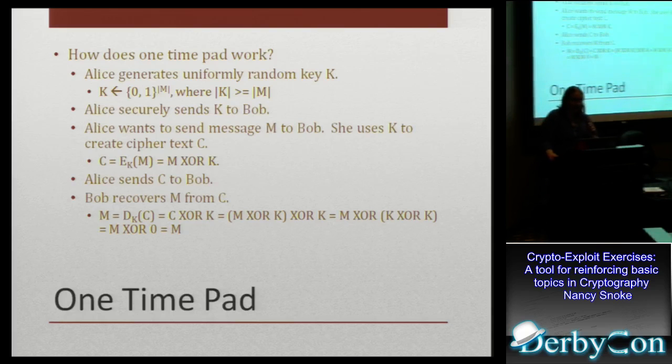And then Alice wants to send this message M to Bob, so she creates a cipher using that key, which is just XORing the message and the key. And then Alice is going to send C to Bob, and then Bob can recover M from C by XORing C with K, which I wrote out the math there that gets that back. So that's basically how one-time pad works.